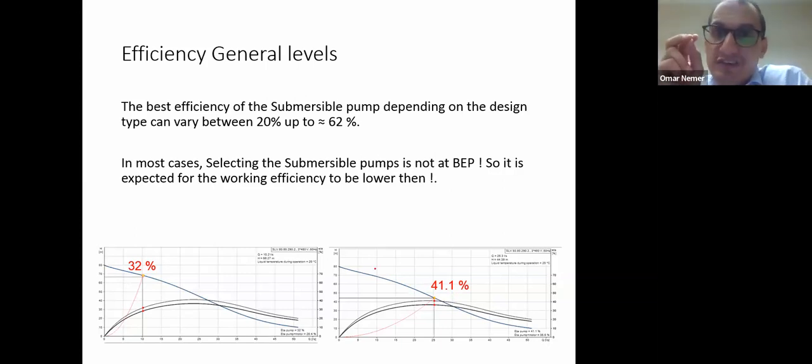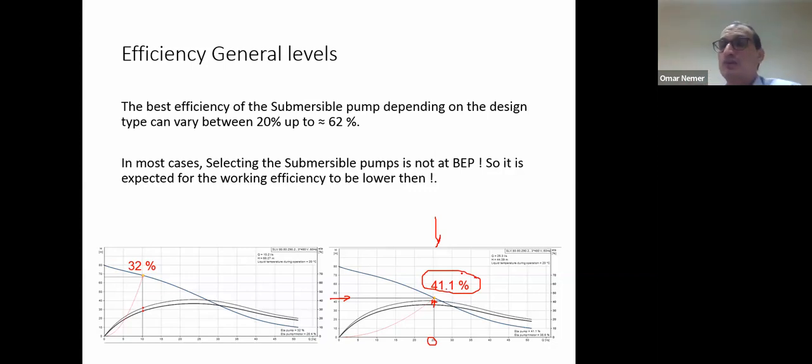And this efficiency could also be different depending on the selection of your duty point. For example, you can see here two curves for the same pump. These curves are typical. But if you select the pump for this duty point, which is here 25 liters per second at head 45 almost, you can reach the best efficiency point for this pump, which is a vortex pump, 41%.